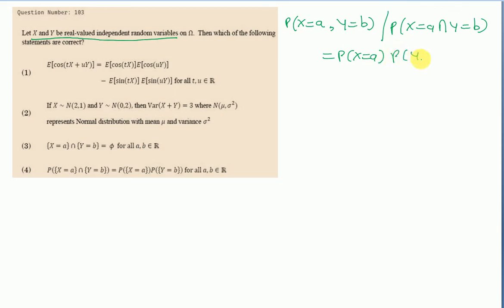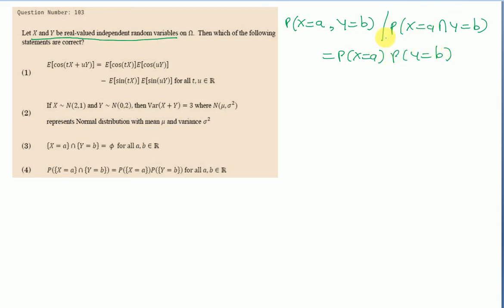Now we are in front of our second question, which is totally based on the concept of independence. Here we are given that x and y are real valued independent random variables. So we already know a property that if x and y are independent, then we can write probability x equals a, y equals b, or probability x equals a intersection y equals b, as probability x equals a times probability y equals b.